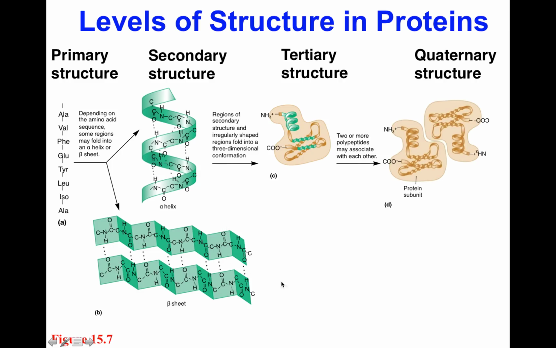And when you take biochemistry, you'll learn a whole lot more about that. The tertiary structure of a protein is putting the alpha helices and beta sheets and all the bends together into a globular type protein. And quaternary structure refers to the fact that many proteins are made up of subunits that come together.